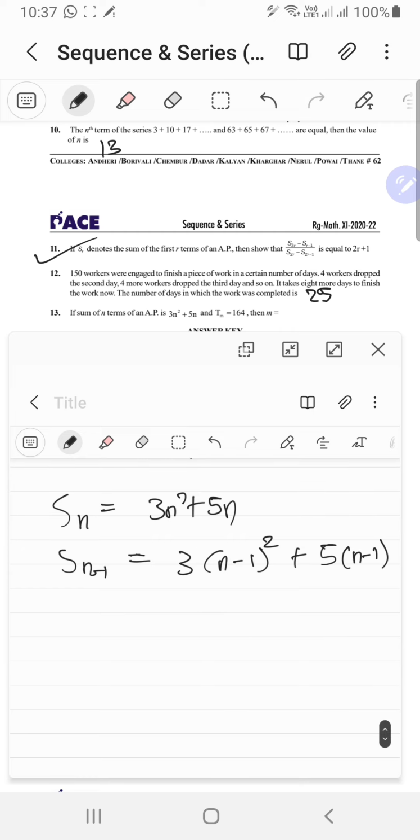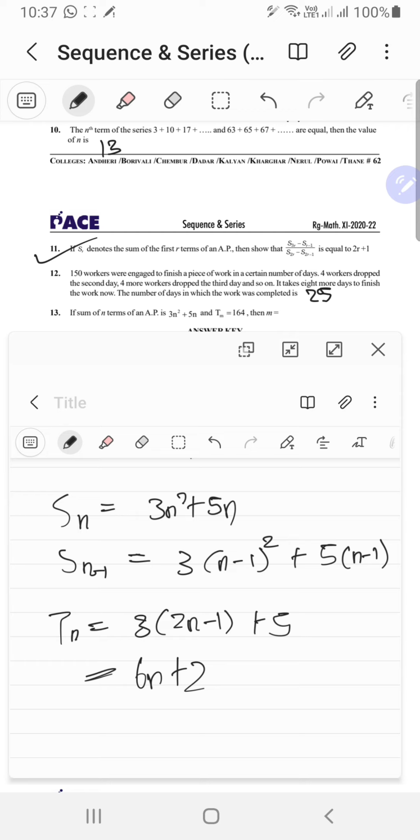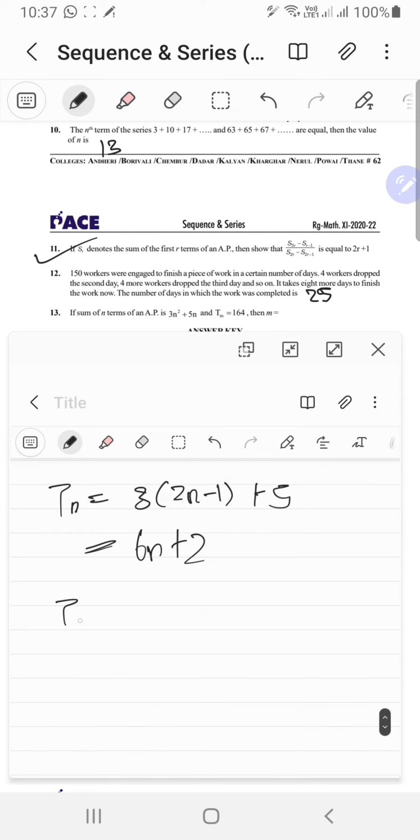So that gives us the nth term is 3 into n squared minus n minus 1 squared. So subtraction 1, addition 2n minus 1, so 3 into 2n minus 1, and this thing is just 5. So this is 6n minus 3 plus 5 plus 2. So Tm, which is 6m plus 2, is 164.